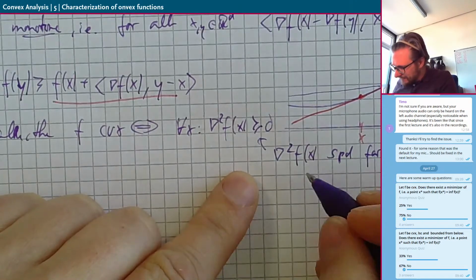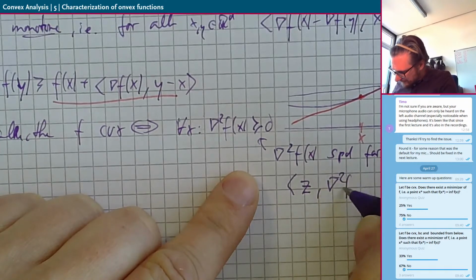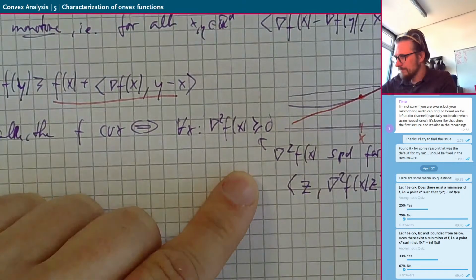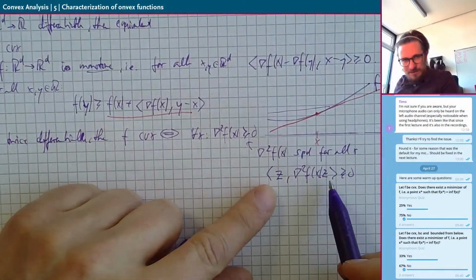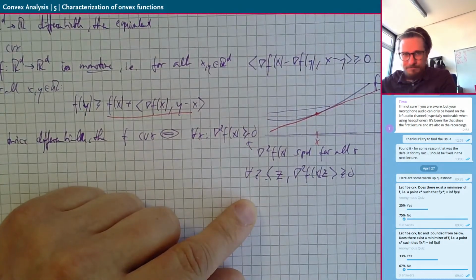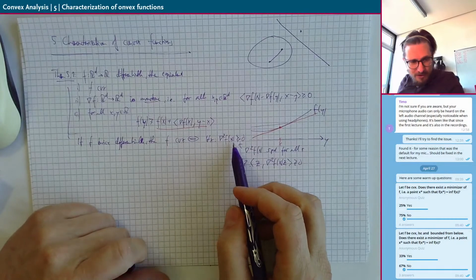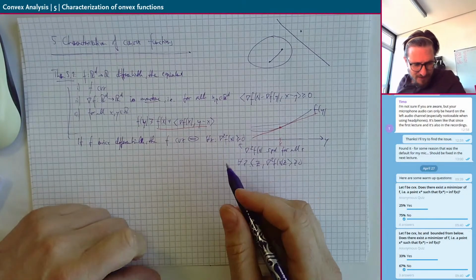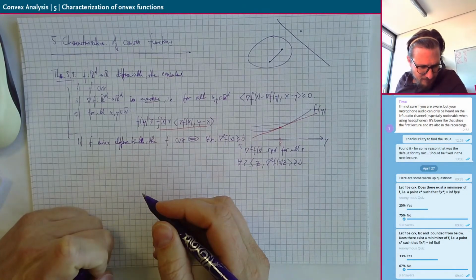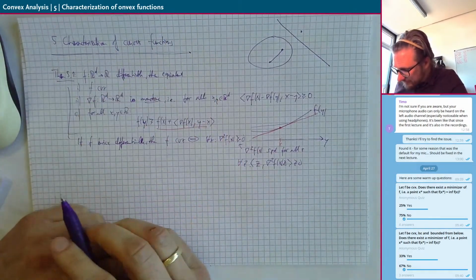And this means that these inner products are all non-negative, for all z. So in the twice differentiable case, the Hessian alone characterizes convexity. Okay, this is how we can characterize convexity.